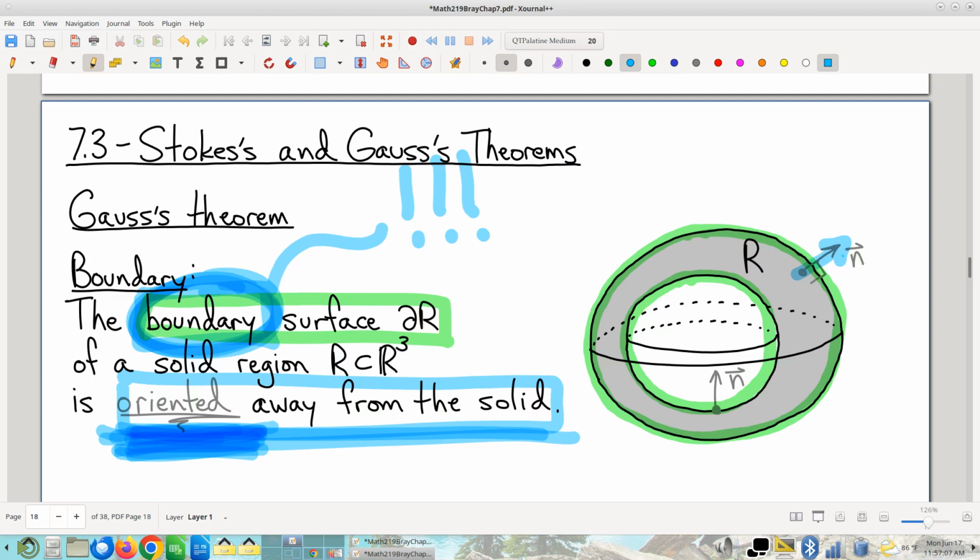So our convention is away from the solid. Notice that doesn't always mean outward. Sometimes away from the solid means inward, as per that piece of the inner border, the bubble's border, if you will. Is everybody on board? Everybody see the geometry?